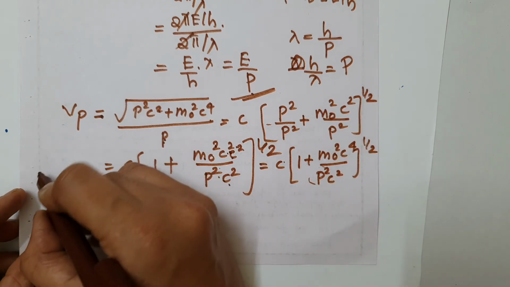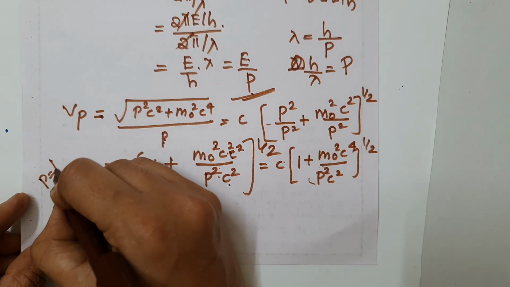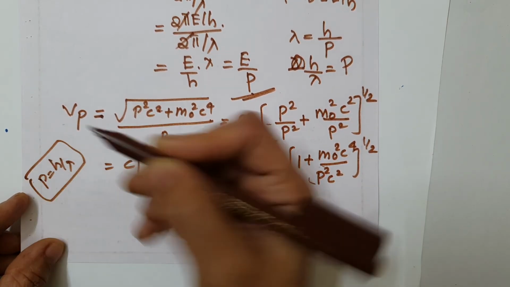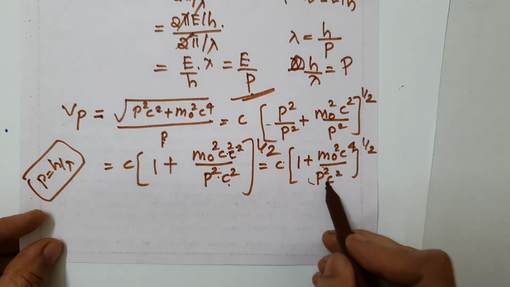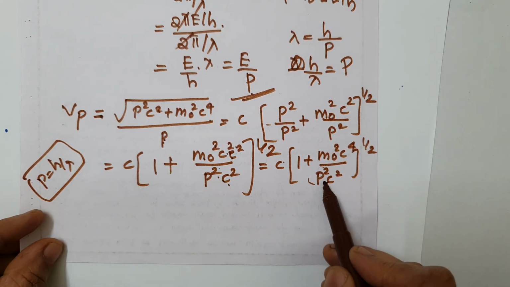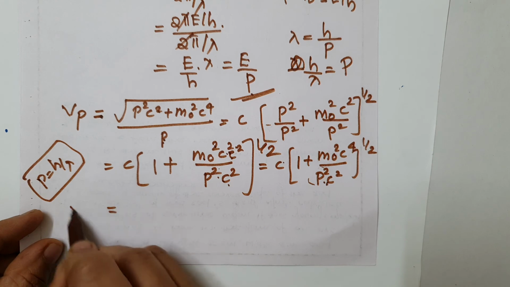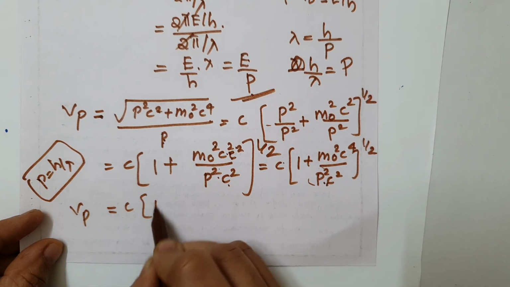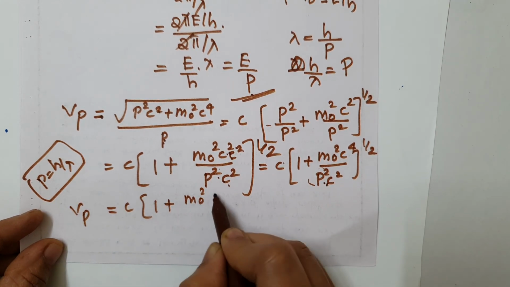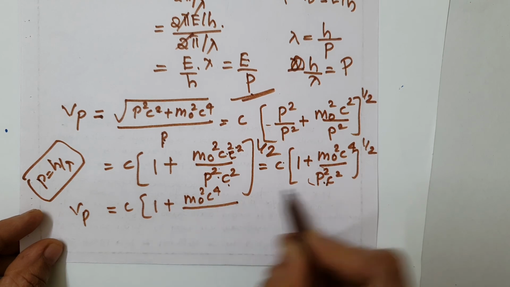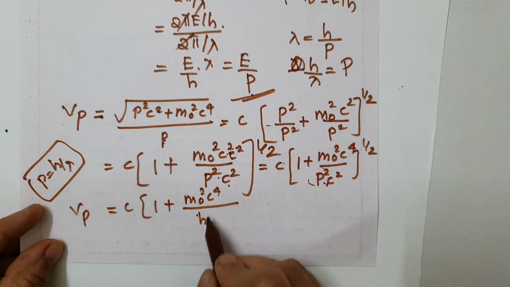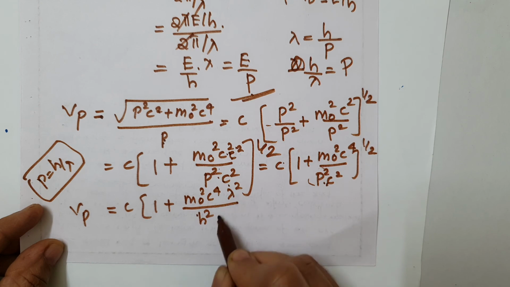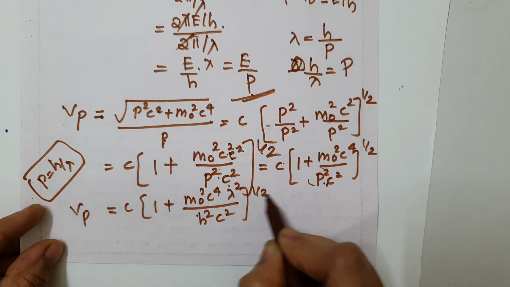We know that p is equal to h by lambda, from the de Broglie wavelength. Substituting the value of p here, Vp is equal to c into 1 plus m0² c⁴ divided by p², which is h² by lambda² divided by c², the whole raised to 1 by 2.